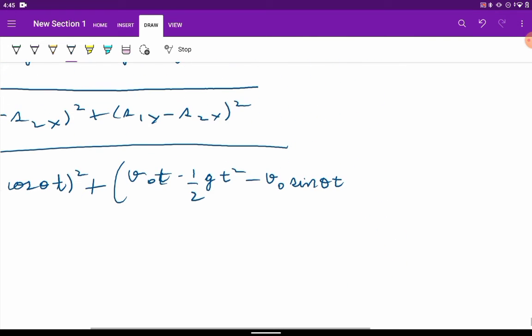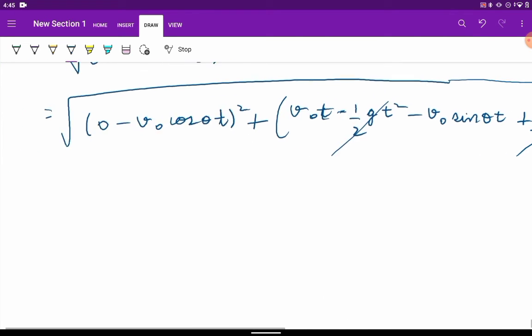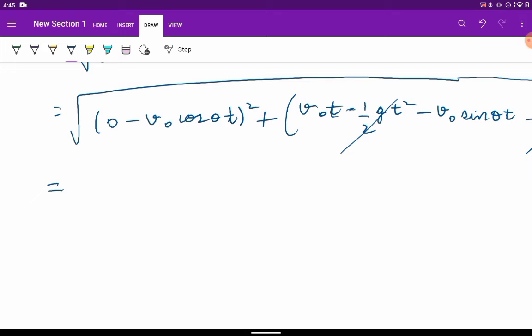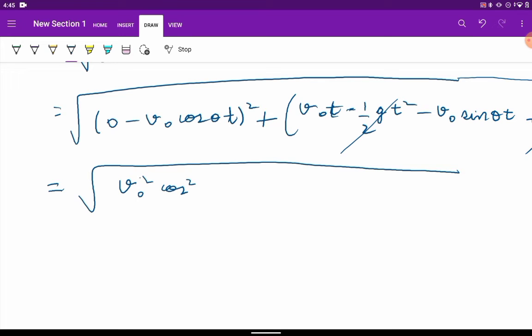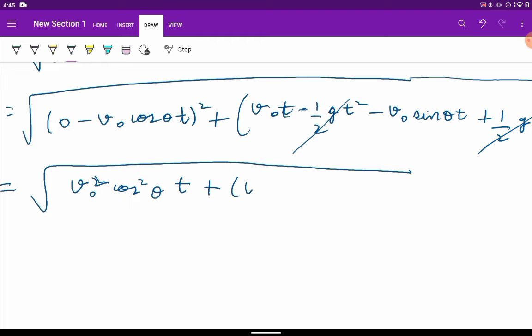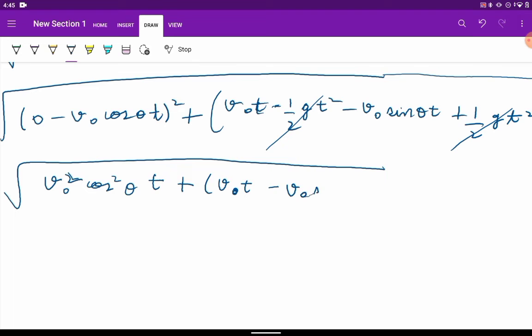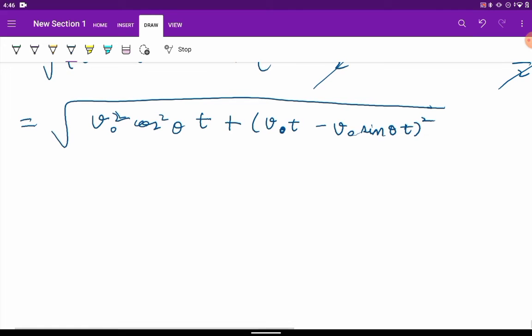Because this is a negative sign and minus of minus becomes plus, half g t square, now the minus and plus cancel out, so you basically have v naught square cos square theta times t square plus v naught t minus v naught sine theta times t whole square.